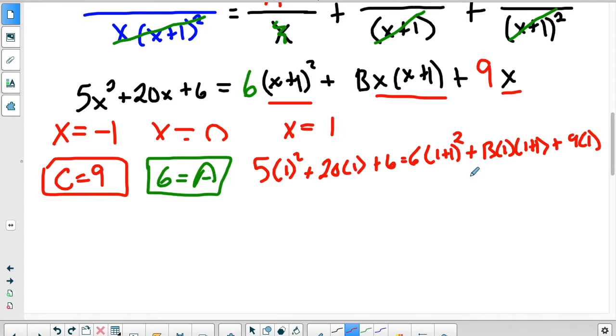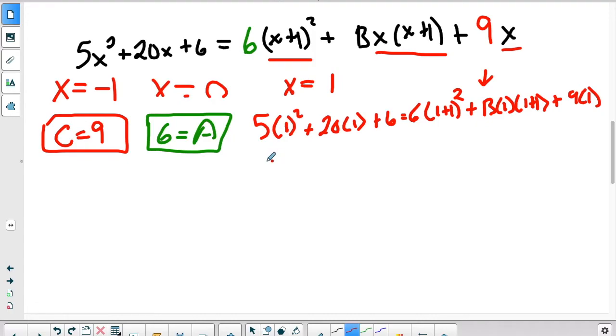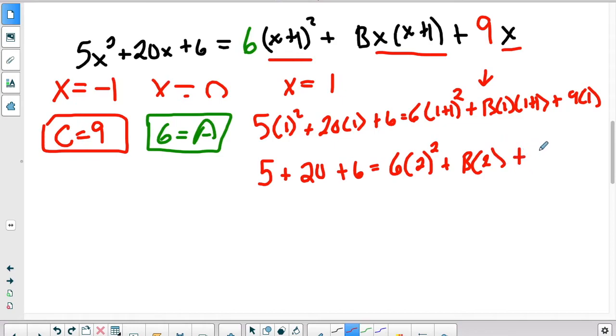How many variables do we have? Only 1. The only one we have is b. Everything else is a number. And we can simplify this here. Well, 1 squared is just 1, and 1 times 5 is 5. 20 times 1 is 20, plus 6. 1 plus 1 is 2, and we have it squared. Plus b times 1 is b, and then we have 1 plus 1 gives us 2. And 9 times 1 is 9.